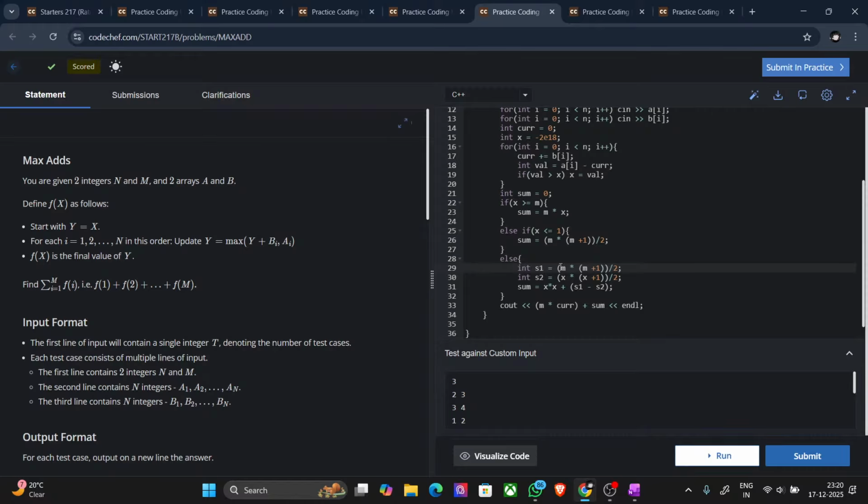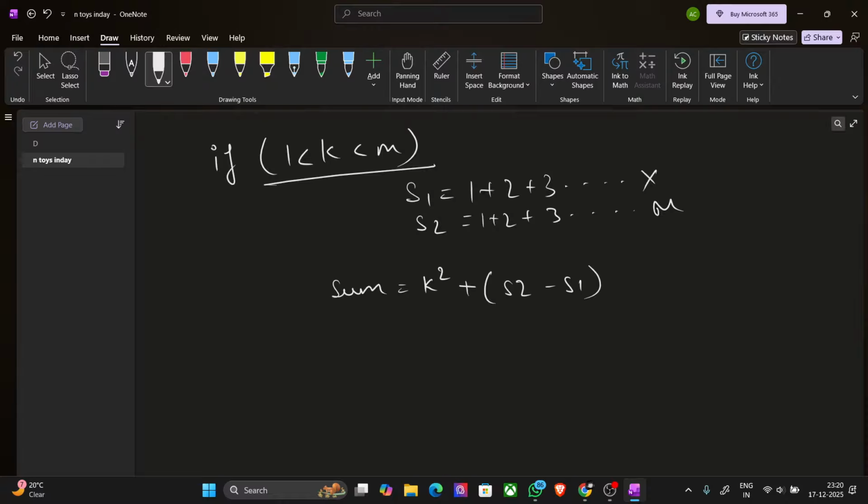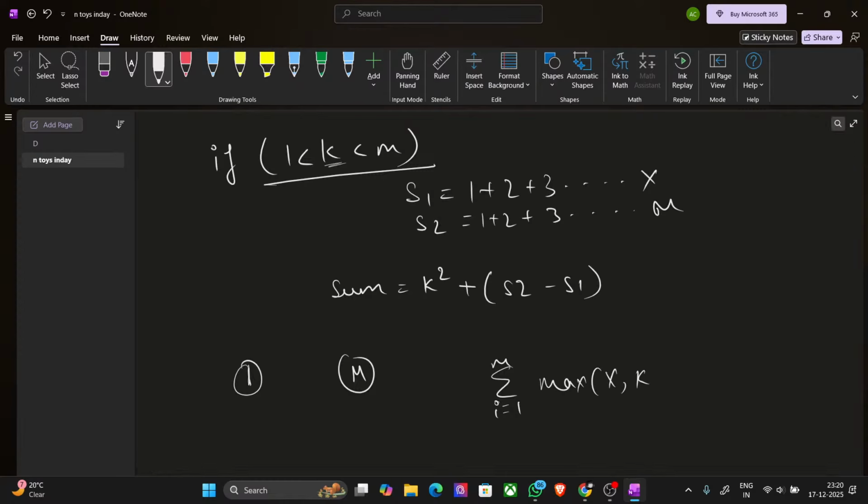For the third part, you can say that k is in between the two elements, 1 and m, and I am taking the sum for i equal to 1 to m of the maximum of x comma k, right?